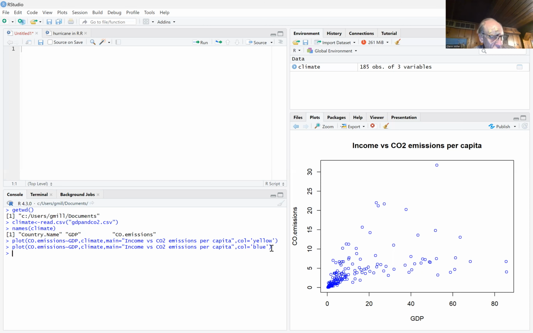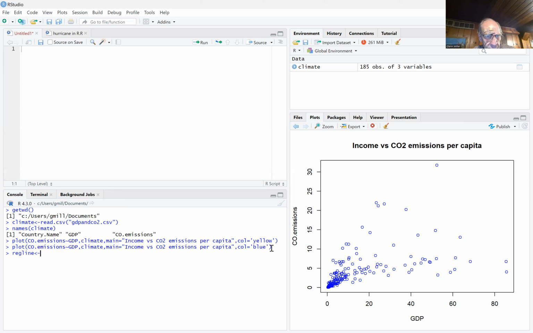So the correlation is part of this, but the other part is to draw a regression line. So let's put the equation into a variable. I'll call that regline.